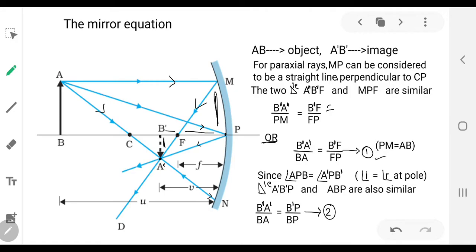Then the next triangles we are taking are APB and A'PB'. How are we taking them as similar?